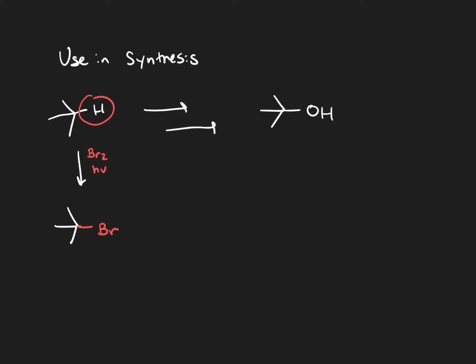So that's the only way we can functionalize an alkane, so we don't need retrosynthesis to tell us that's something we need to do. But now we need to think about how to get from this tertiary alkyl bromide to this tertiary alcohol. We cannot do it via direct SN2 reaction. That will not give us the desired product. Because if we do a reaction like this, instead of getting SN2, we'll get an E2 reaction. And that'll give us something like this.